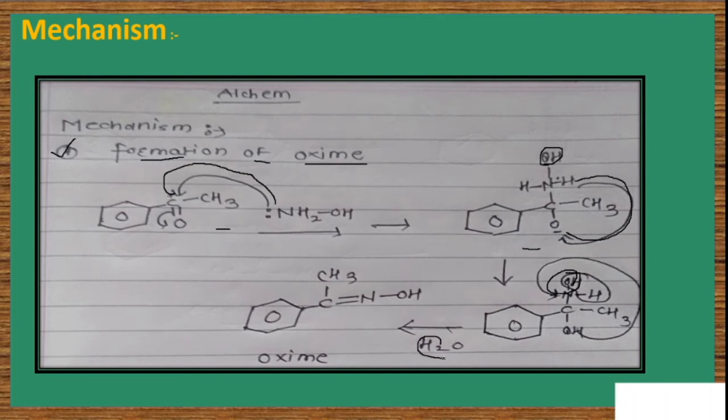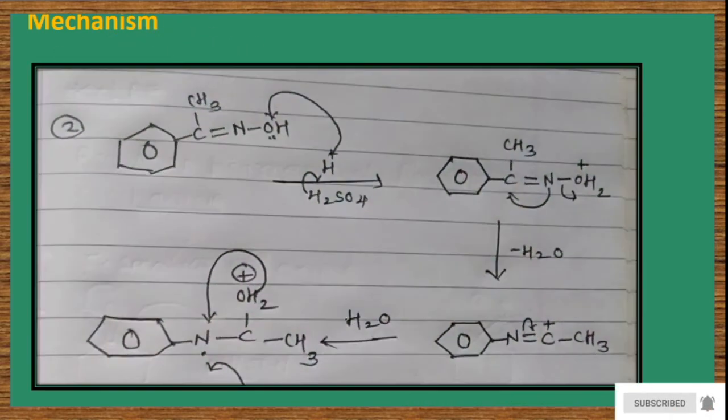Again shifting takes place, and a water molecule is added in that reaction, and the oxime forms, with the benzene ring, CH3, carbon double bond with nitrogen, and OH.